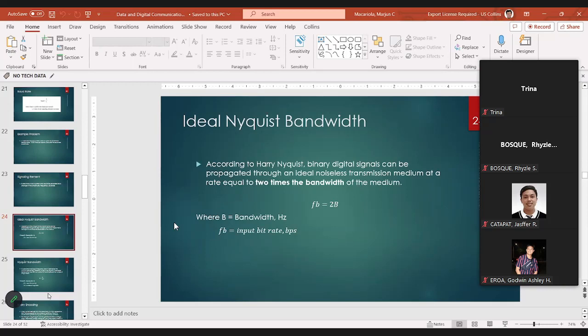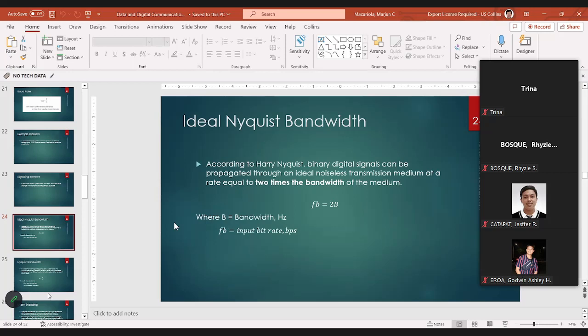In digital communication, we are dealing with ideal Nyquist bandwidth and Nyquist bandwidth. First is the ideal Nyquist bandwidth. How can we say that we're going to use an ideal Nyquist bandwidth? We are dealing with noiseless transmission.